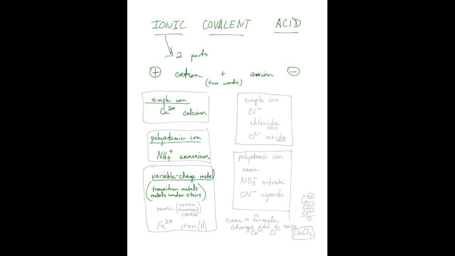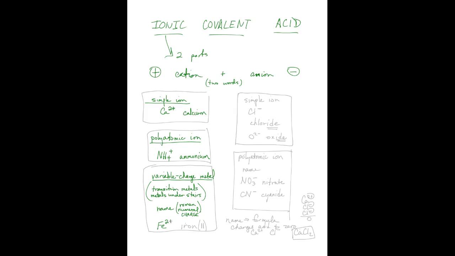So, we're going to write the name, but now, in parentheses after the name, we're going to put in a Roman numeral for the charge on that ion. So that will be something like iron.